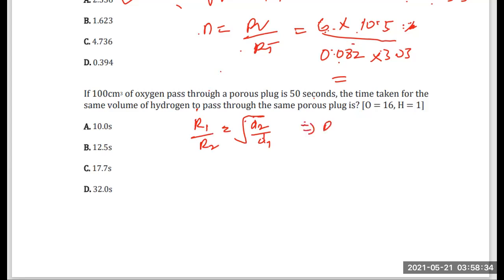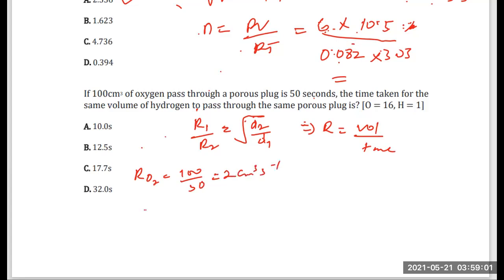Rate R is volume over time taken. So we need to find the rate of oxygen first. That is, the volume is 100 over time 50. So that will be 2, which is 2 centimeters per second.